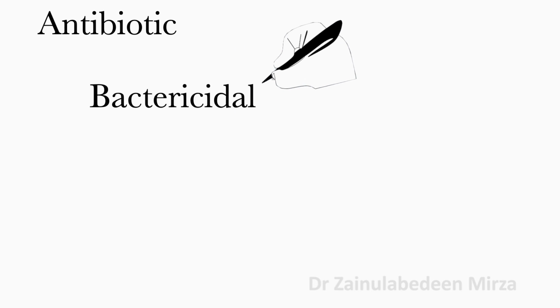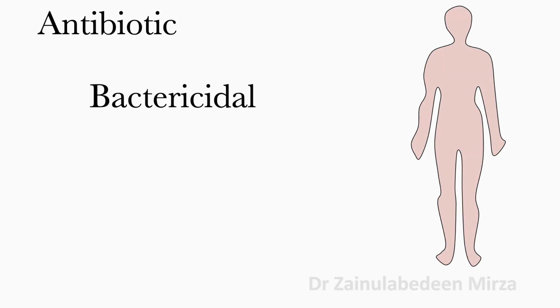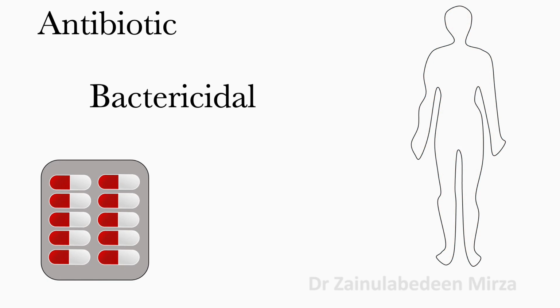Bactericidal drugs are one type of antibiotics. Bactericidal drugs are drugs that kill the organism against which they are effective. Bacteriostatic drugs do not kill organisms but inhibit their ability to replicate through inhibition of protein synthesis.